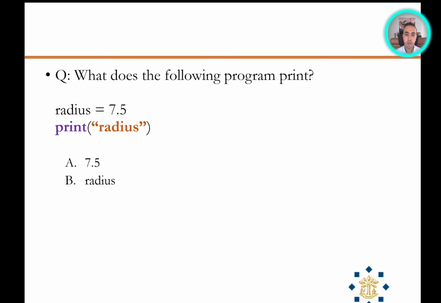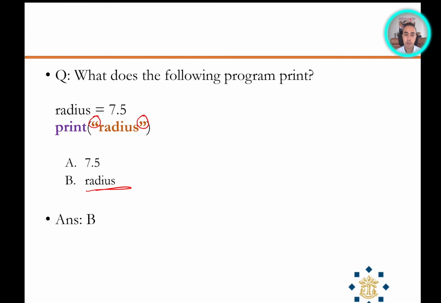What does the following program print? We have a radius of 7.5, and then we print radius. Does it print 7.5 or just the word radius? The answer is that it prints radius. Why? Because of the double quotation marks.